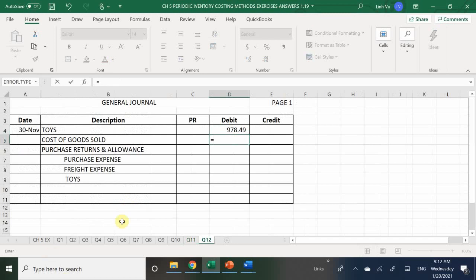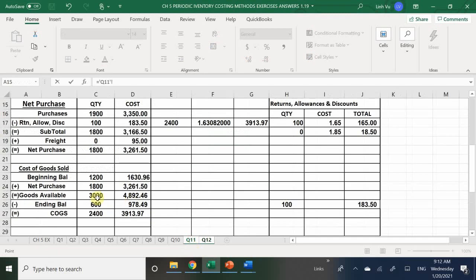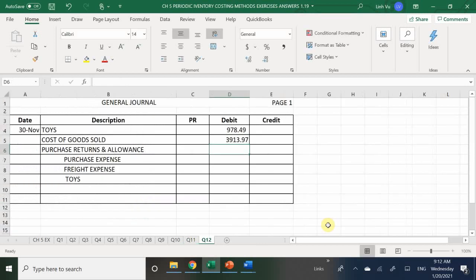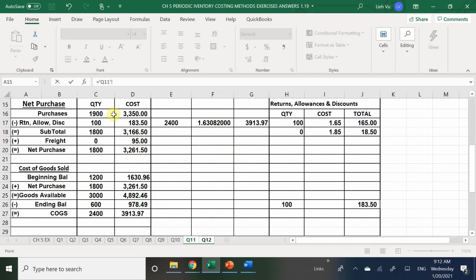What was my total cost of goods sold? 3,913. And what was my total purchase returns and allowances? 183.50. Good.